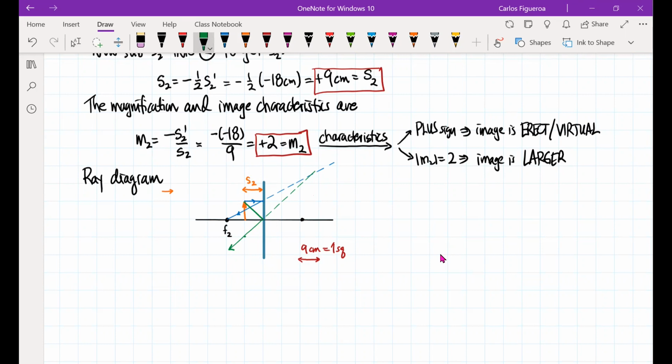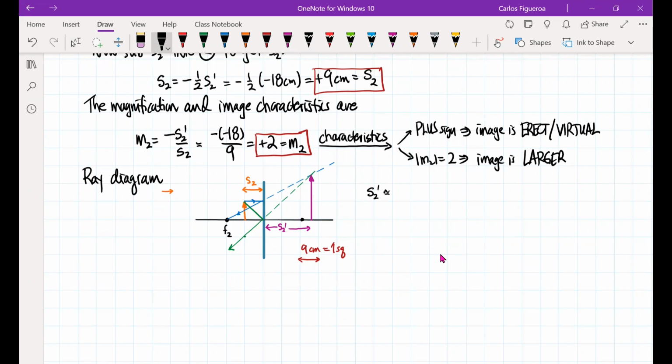So where is my image here? My image is going to be about right here. So this distance from here to here is S2 prime. In other words, that image is behind the mirror. Now let's look at the location S prime. What's the length that I calculated here?